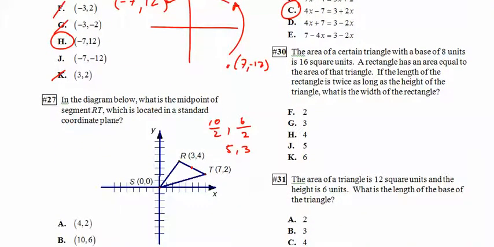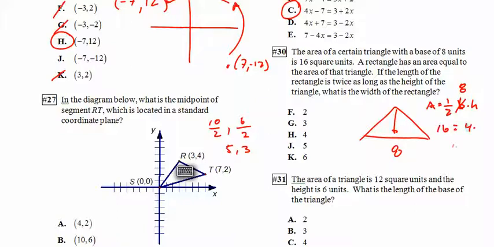Area of a certain triangle with a base of 8 units is 16 square units. 8. Area is 1/2 base times height, in this case 8 times height. The area is 16 equals 4h. The height is 4.